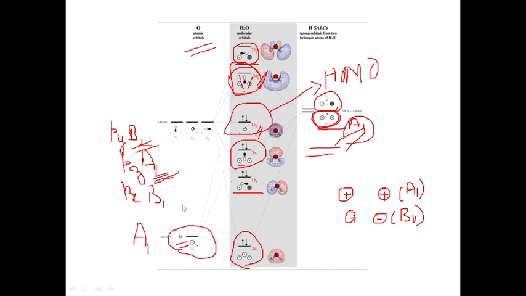First of all, the A1 symmetry is going to match with your SALC of A1 symmetry to form the bonding orbital, and then the A1 symmetry of PZ is going to match with the SALC of A1 symmetry to form the bonding, and then when the nodes increase, they become the anti-bonding orbital.